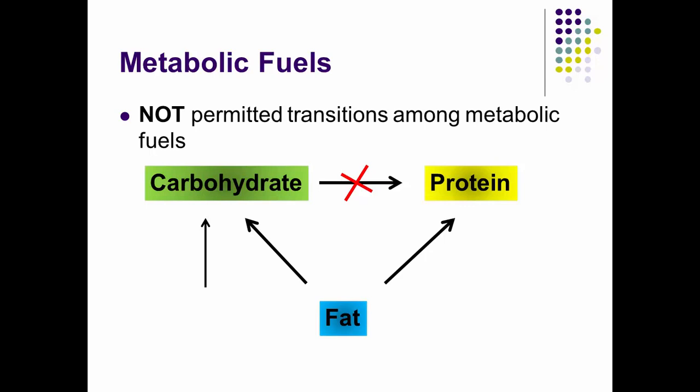And fat, basically it is not. Fat is not able to be converted to protein, but specific types of fat are able to be converted to glucose. For example, propionyl-CoA and glycerol are gluconeogenic, the precursors of gluconeogenesis.